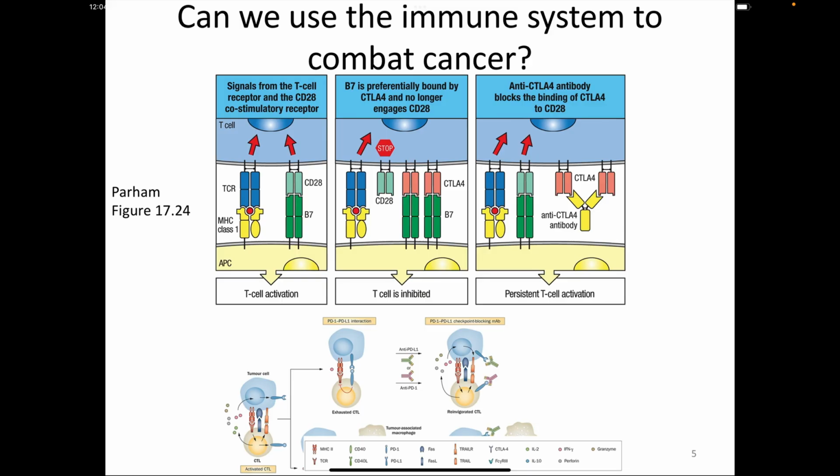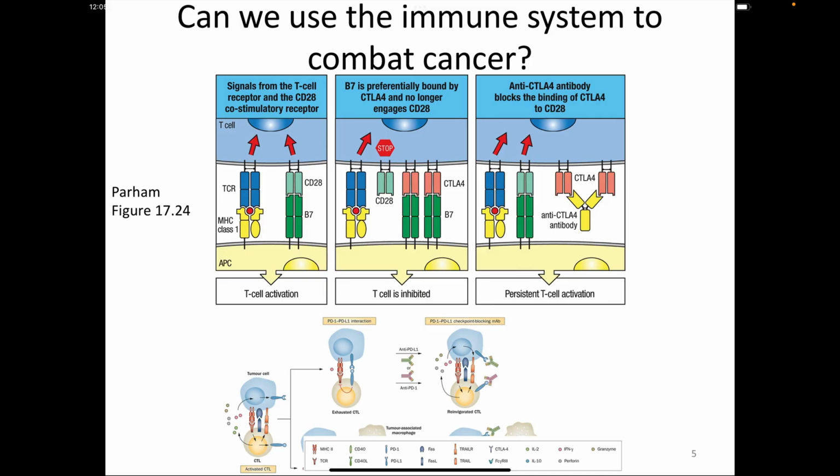The most famous of these is an antibody called pembrolizumab, or Pembro, sometimes also known as Keytruda, which is one of the trade names. And some of you all may have heard of something called checkpoint inhibition. This is checkpoint inhibition.